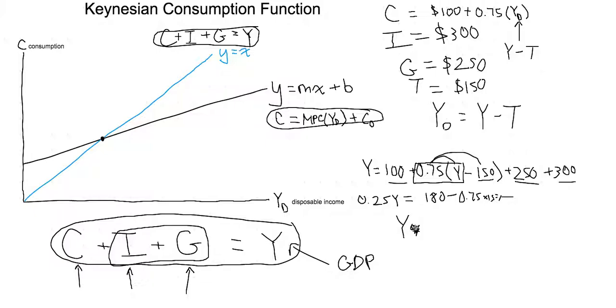So you'll be given what that natural real GDP is, and you'll compare this Y value you got over here to that. If this Y value is less than, then you have a recessionary gap, and that's what you need to fix.